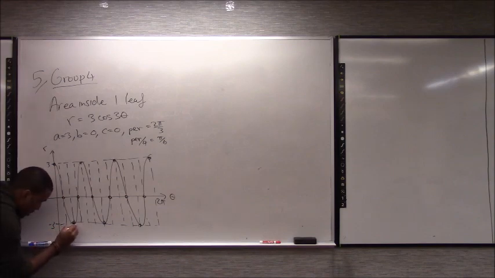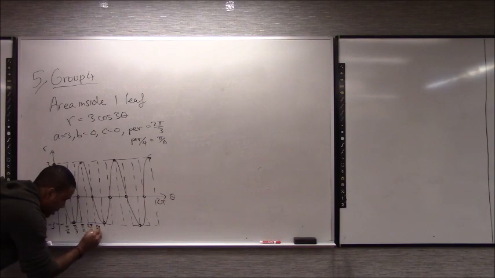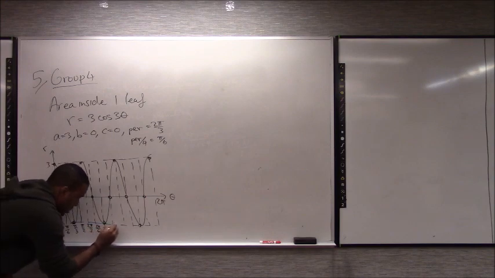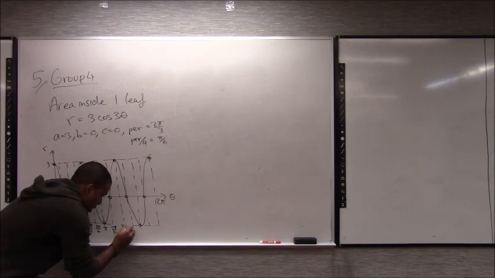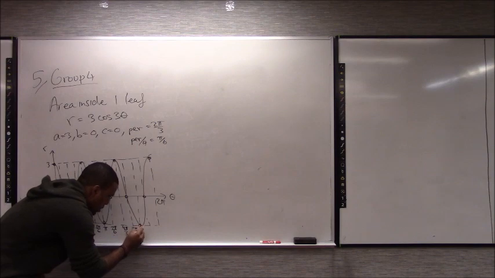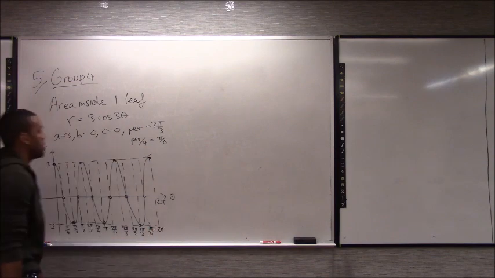So 1 pi over 6, 2 pi over 6, 3 pi over 6, 4 pi over 6, 5 pi over 6, 6 pi over 6, 7 pi over 6, 8 pi over 6, 9 pi over 6, 10 pi over 6, 11 pi over 6, and 12 pi over 6.